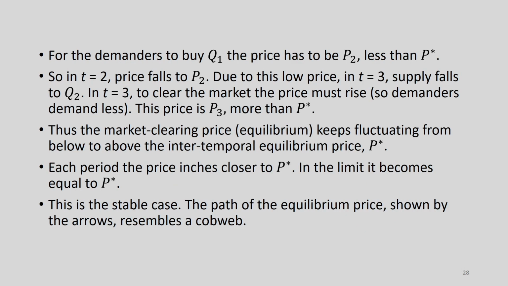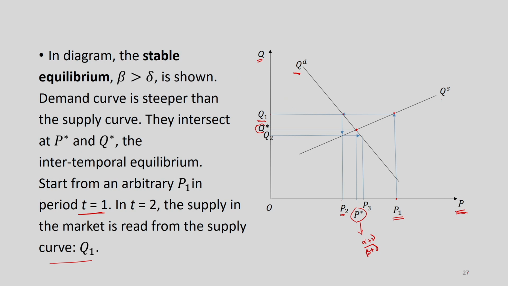In T equals 2, the price falls to P2, and due to this low price, in T equals 3 the supply also falls to Q2. If the price is P2, what is the supply? That can be read from the supply line, and this is Q2. Mind you, this Q2 supply will come to the market in the next period, that is period 3.